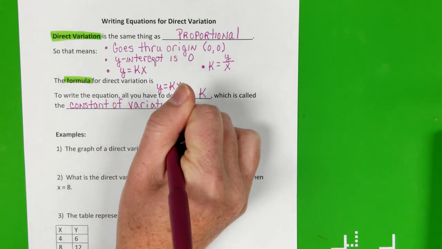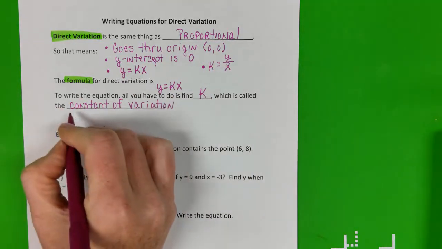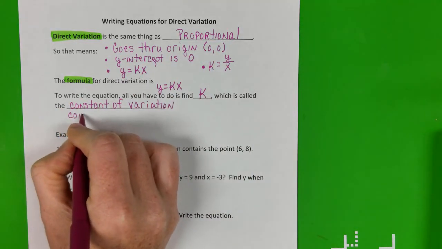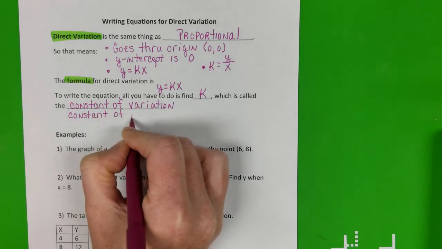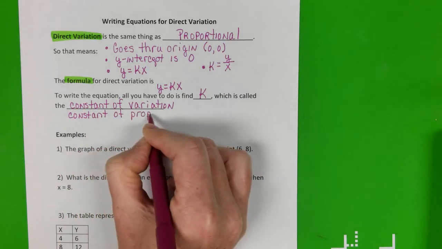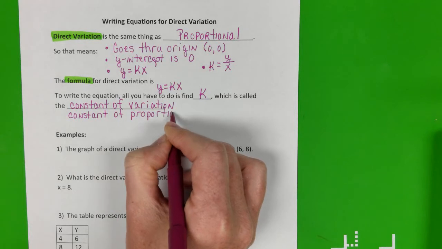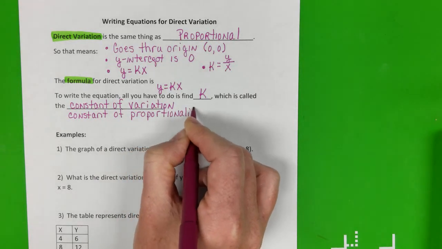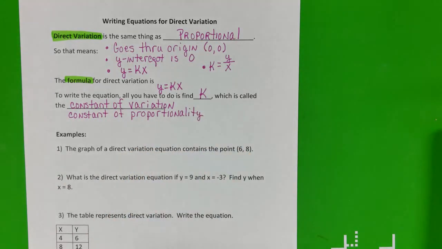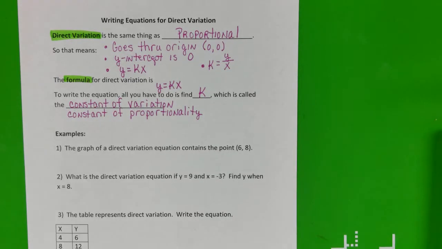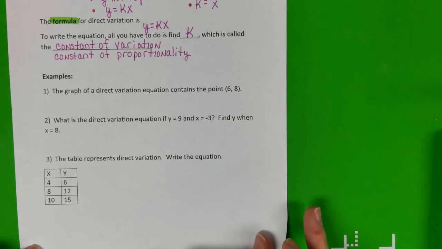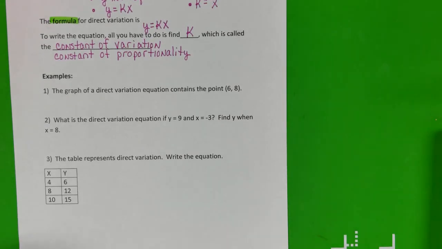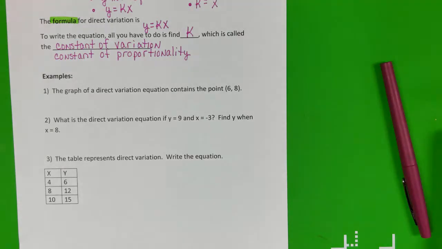But remember, this is the same thing as proportional. So when we talked about the constant of proportionality, all of these things are the same thing. They all still have that unique ratio of y over x. So constant of variation, constant of proportionality, all of that is the same.